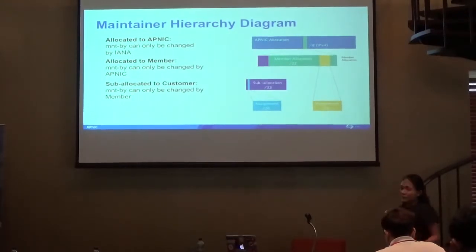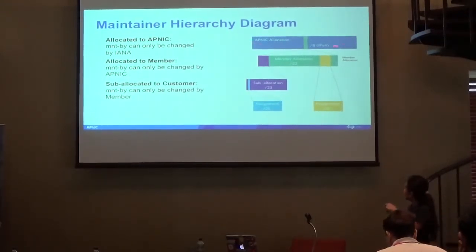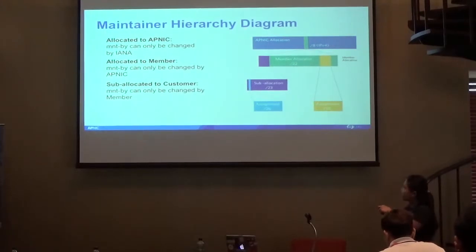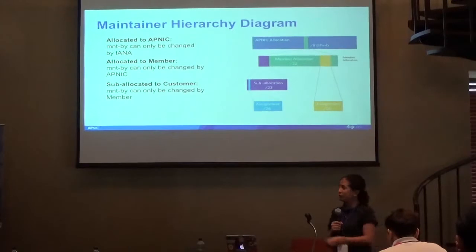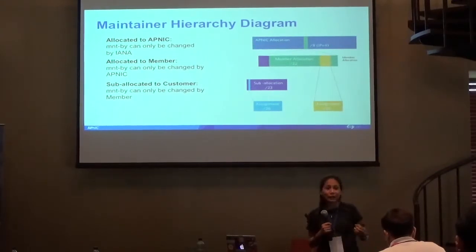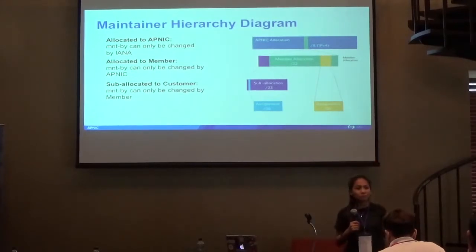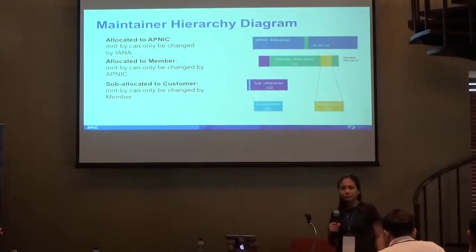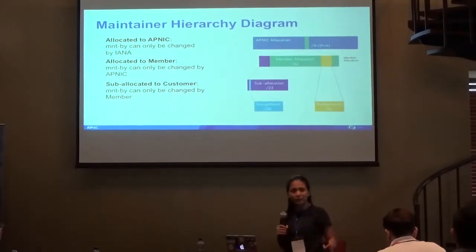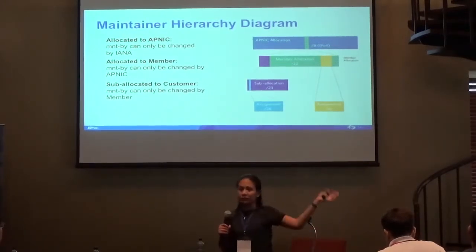So who's our maintainer here? The block, this particular big block here, who's the maintainer? APNIC or IANA? Well, the answer is over there. It's IANA, because that block has been allocated to APNIC from IANA. What about this block going to the APNIC member? The /22 block is maintained by APNIC.